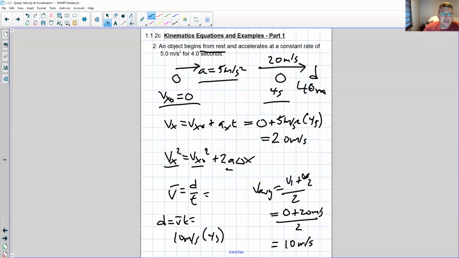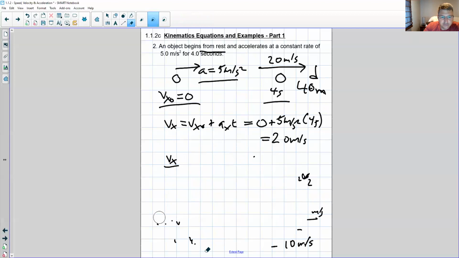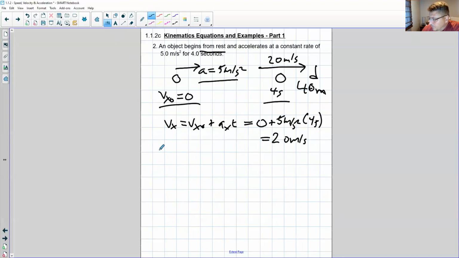So if we look at the various things that we can find out, have we found all of them? So recall, we could find average speed, which we've concluded is 10 meters per second. Initial speed is 0. The final speed, 20 meter per second.